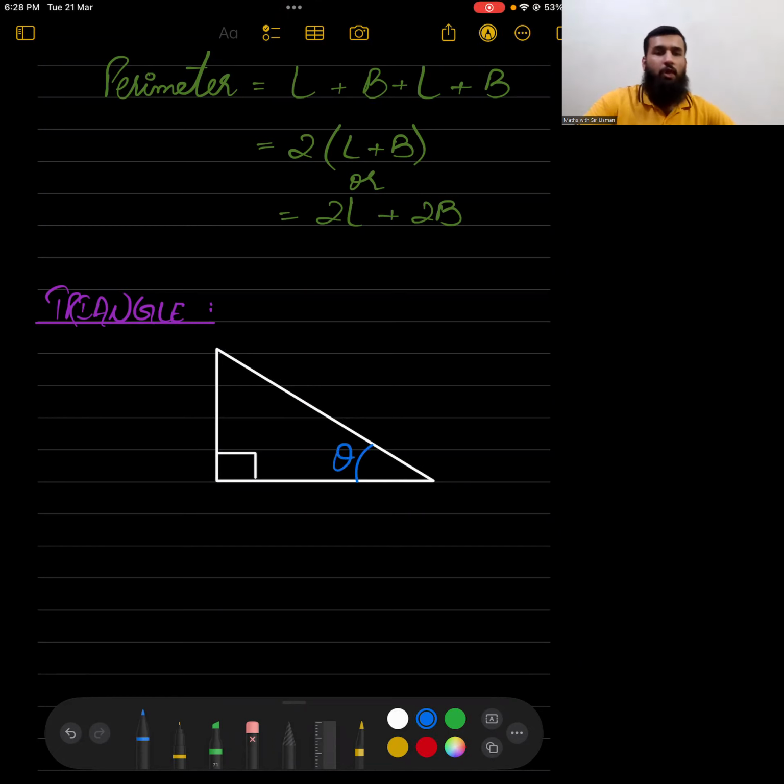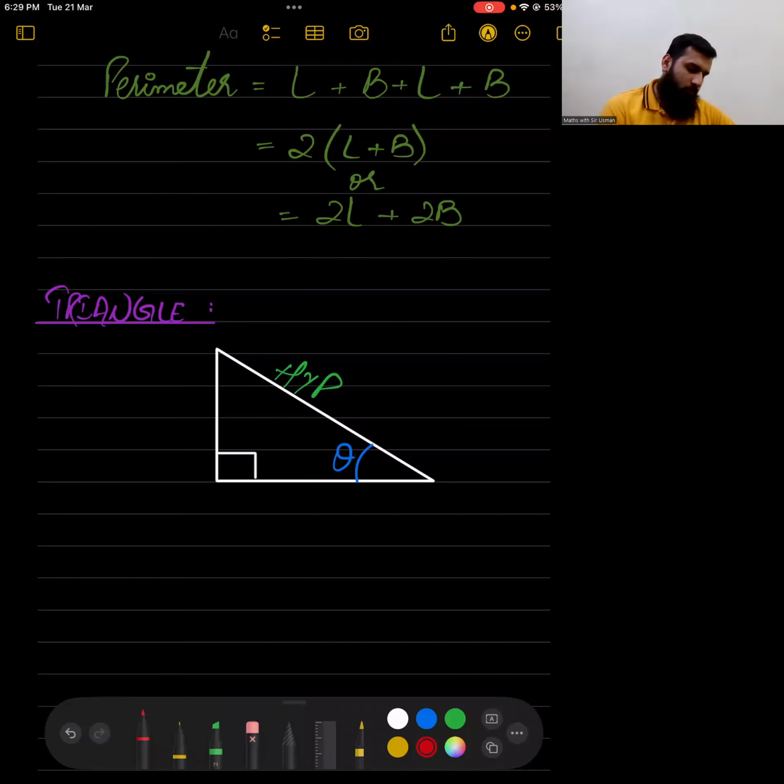Now, can anyone of you tell me what is this length? What's the name of this length? Anyone having any idea? Pythagoras theorem. No, like this length. What's the name of this length? Hypotenuse. Very good. So that's a hypotenuse.